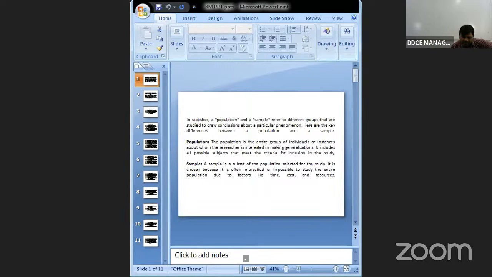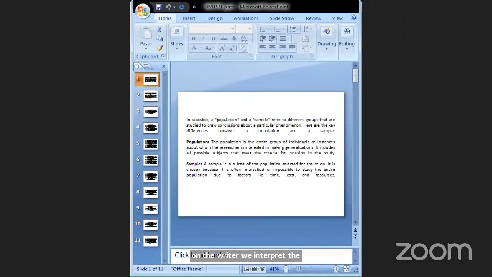Based on that objective, we have to analyze the data. Analysis gives us some result. Then, based on the result, we will interpret the result and take a decision. Yes or no? Yes, sir.